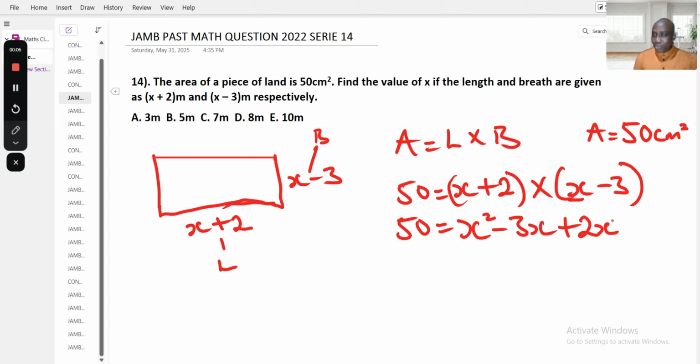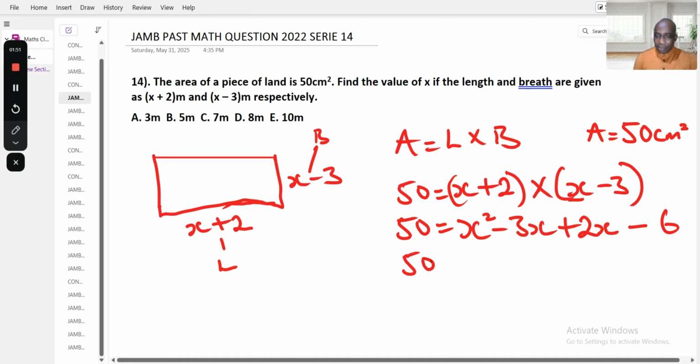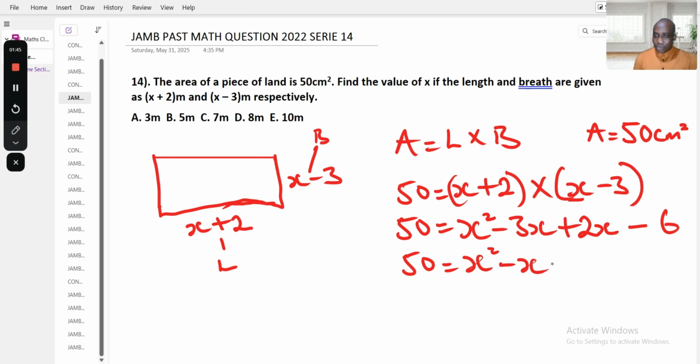Plus times minus first is going to give us minus. 2 times 3 is going to give us 6. Therefore, you have 2 naira and you are owing 3 naira. When you pay 2 naira, you will still be owing 1 naira. This one will give us minus x, and 1 is 6, isn't it?